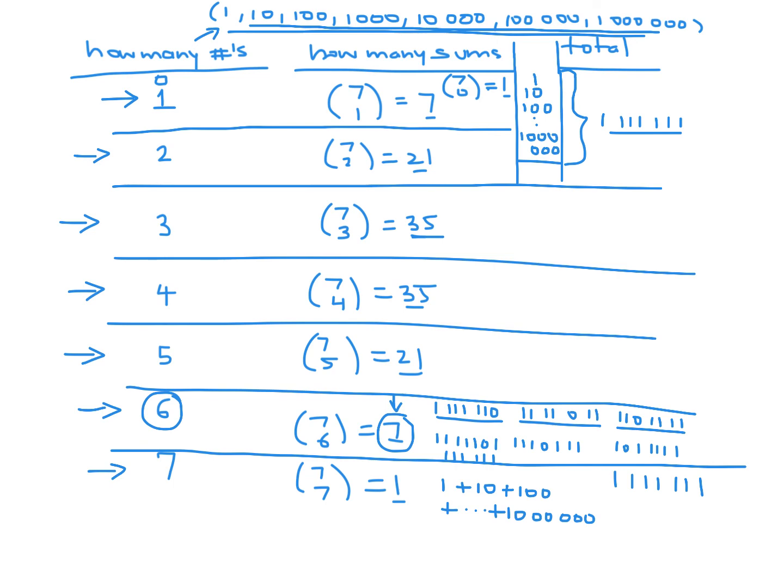Okay, so all I did to get these numbers was I chose 6 of these 7 and then added them up. And this total is 6,666,666. So therefore, this one is going to be 6,666,666, that whole thing.